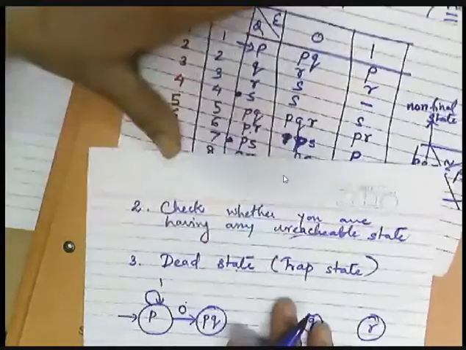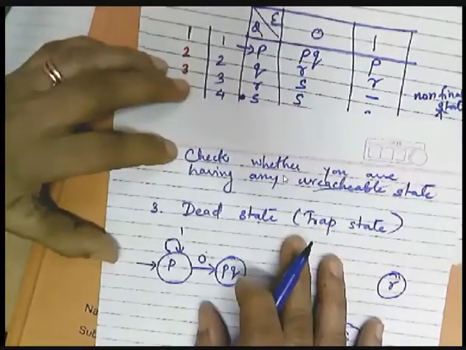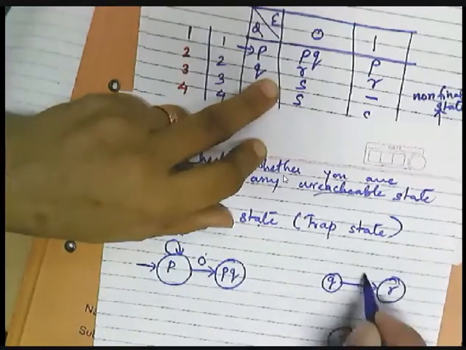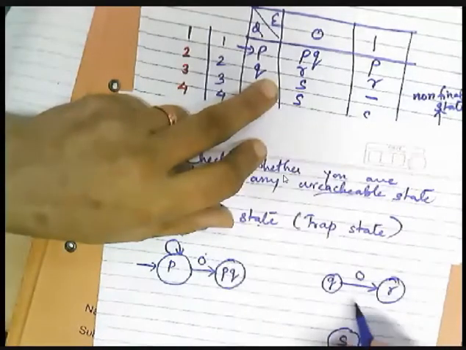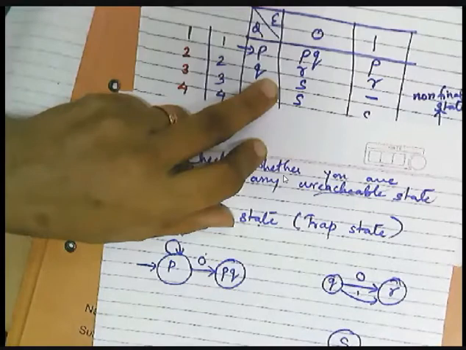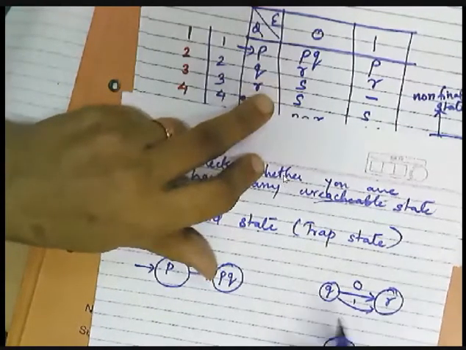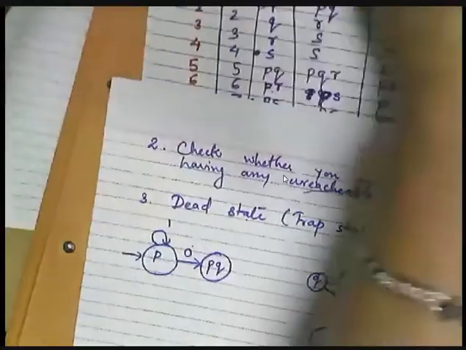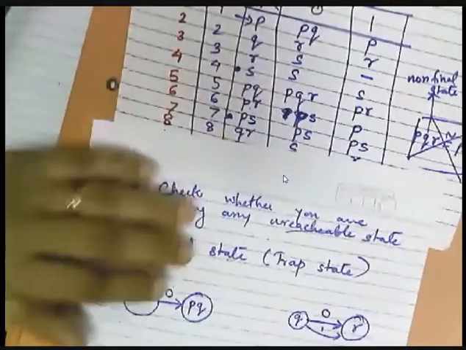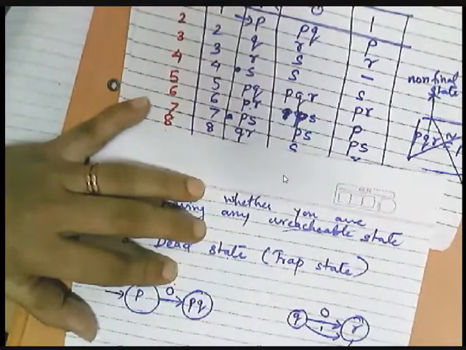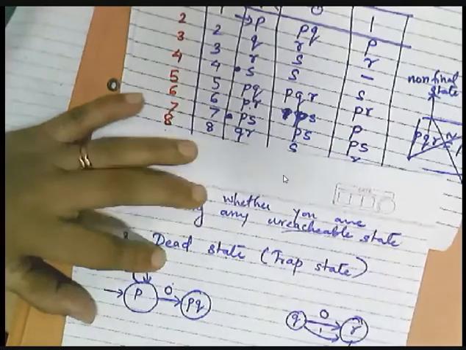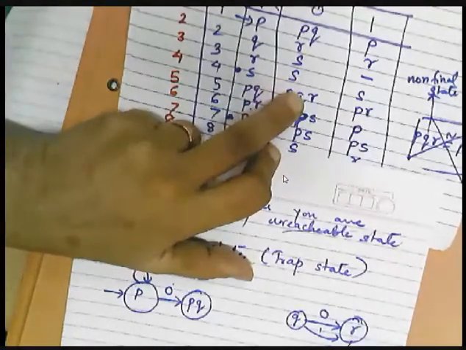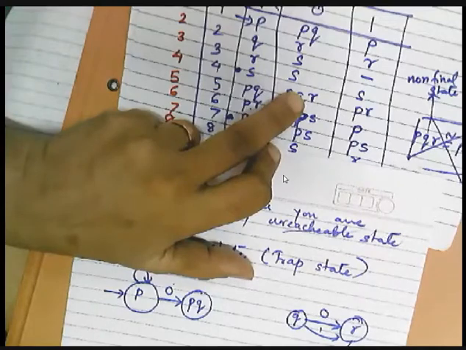Then Q on 0, I am moving to R. Q on 1 also, I am moving to R. Next, R on 0 moves to S. On 1 move where? Then S on 0 and on 1 moves to itself.